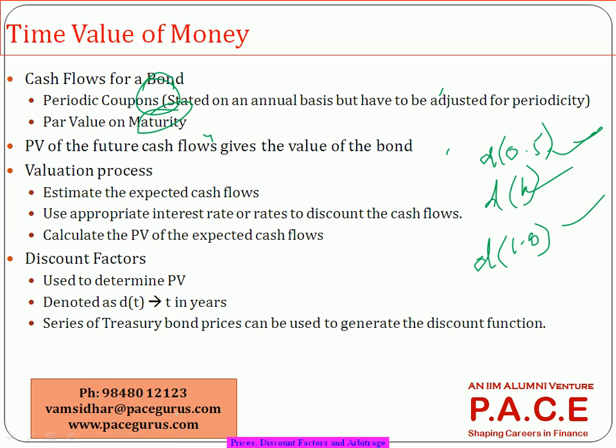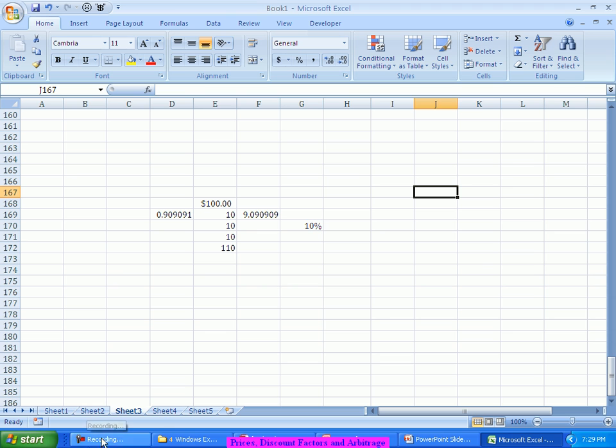Right? So probably if he says the discount factors for 0.5 years, 1 year or 1.5 years are, let's say, 0.95, 0.9, and 0.83, some such numbers he'll give.